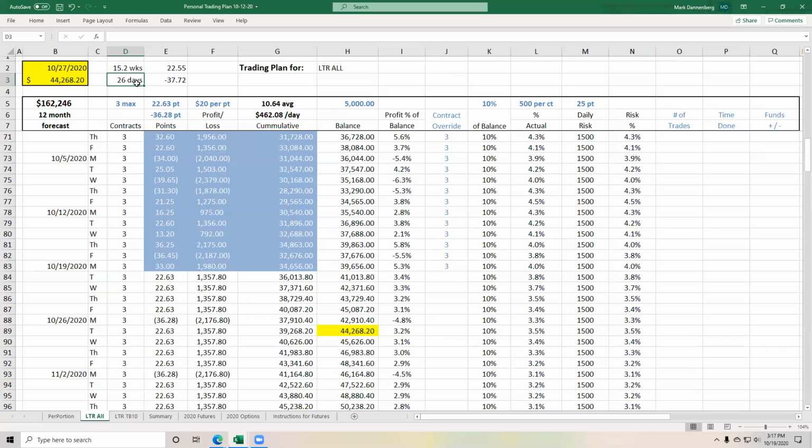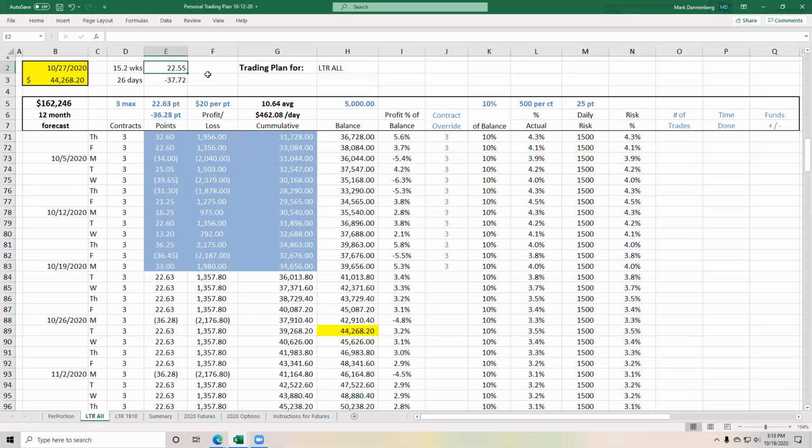You know, that's the nature of what the trading has been like during this 9:30 to noon category. So our calculations here that are taking a look at winning days and average losing days take into account this frequency rate, this ratio of 26 days of loss per 15.2 weeks.